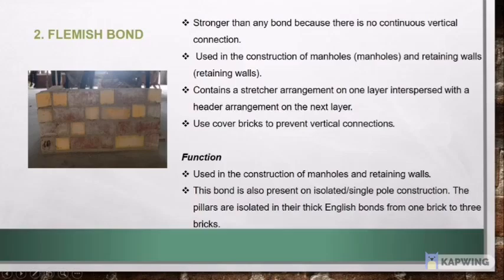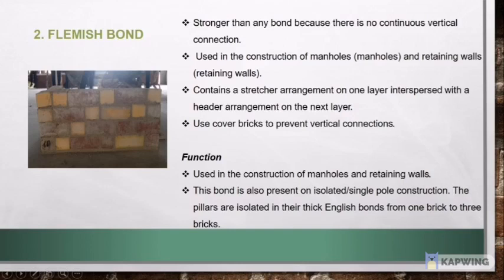The Flemish bond. The Flemish bond is stronger than any other bond because there is no continuous vertical connection. It is used in the construction of the main hall and retaining wall. The constant stretcher arrangement on one layer is interspaced with a header arrangement on the next layer. It is used for the cover brick to prevent vertical connection.